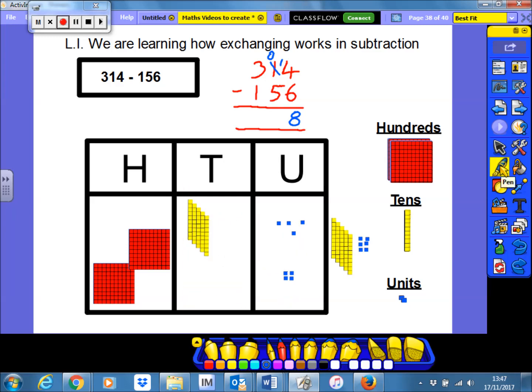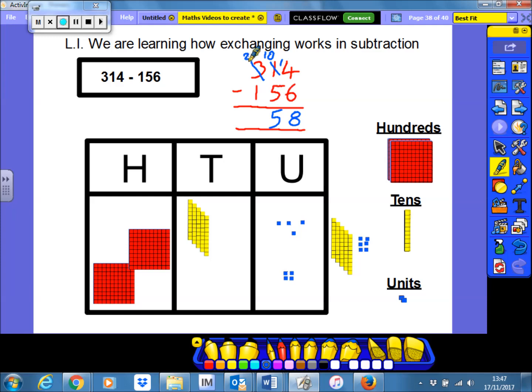So what we did there was we took 100 away. We ended up getting 10 tens for it. Then when we took 5 away, we were left with 5 tens.